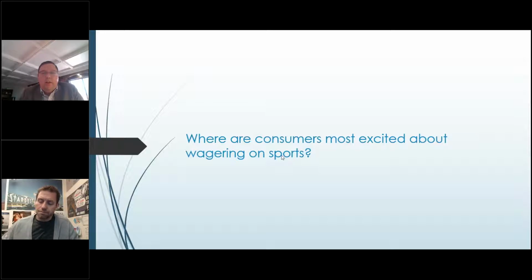And so the idea is that there may be a lot of upside in terms of market size in facilitating alternative methods of being able to place wagers.